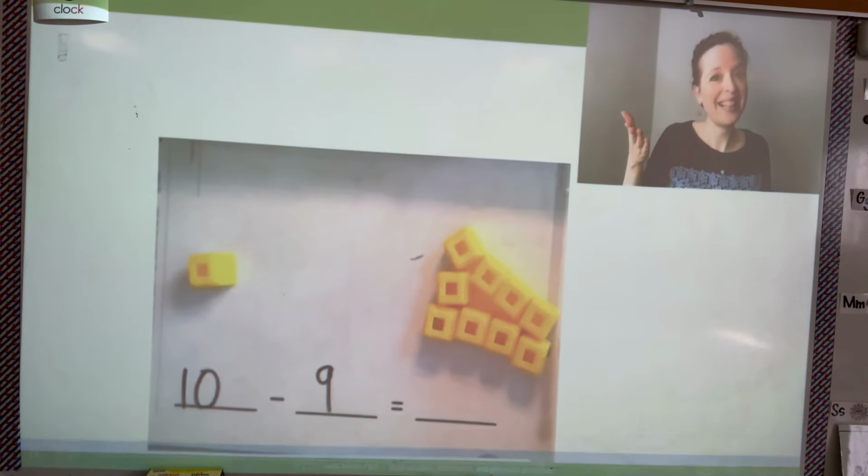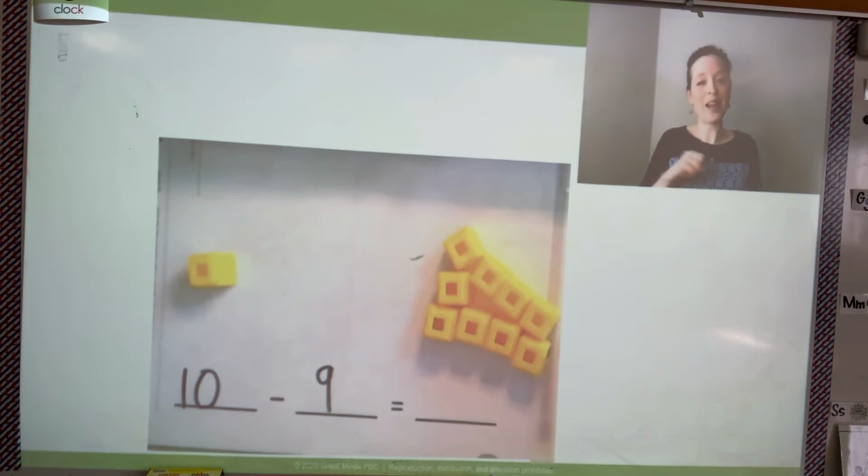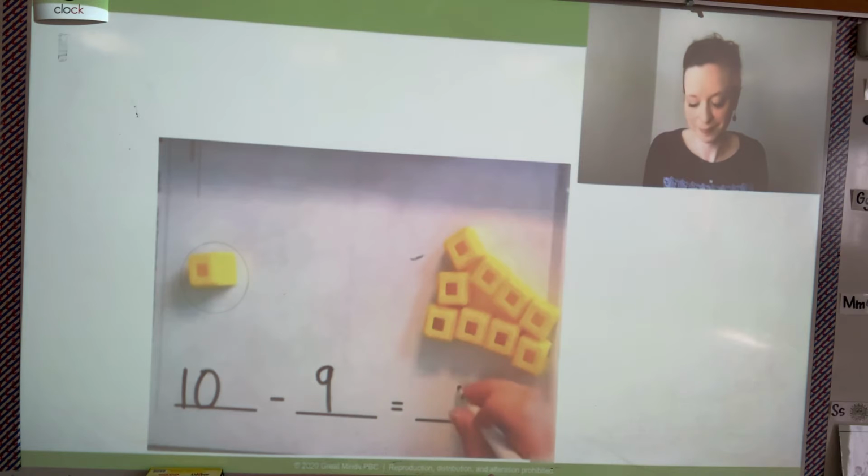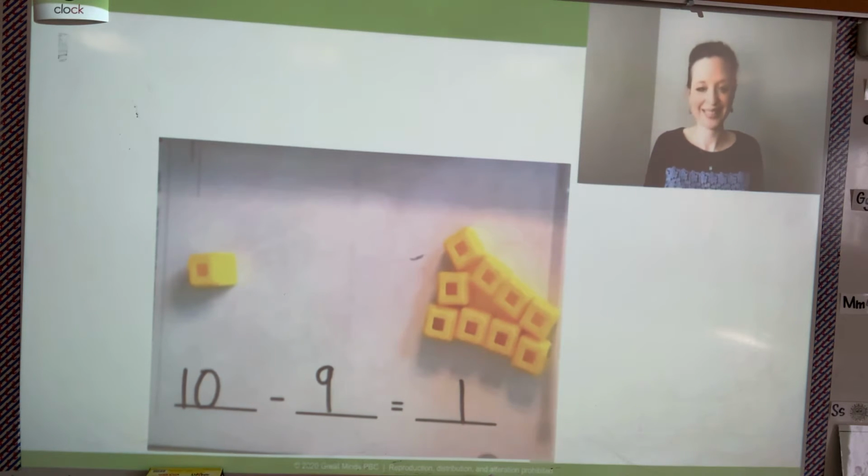Say it. That's right. 1 car was left. We can see it on our boards right here. So we'll write the number 1. 10 take away 9 is the same as 1. We can also say it like this. 10 minus 9 equals 1.